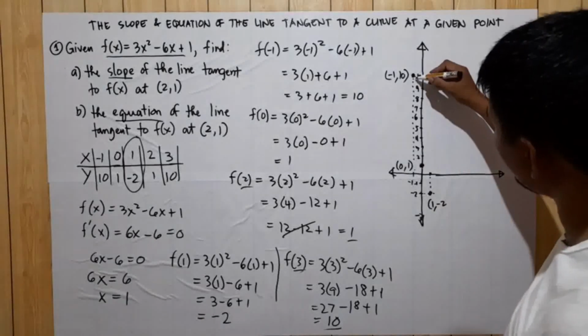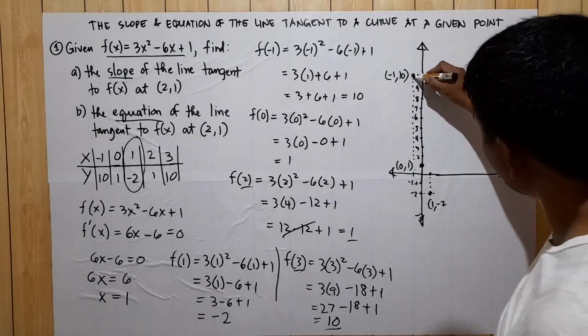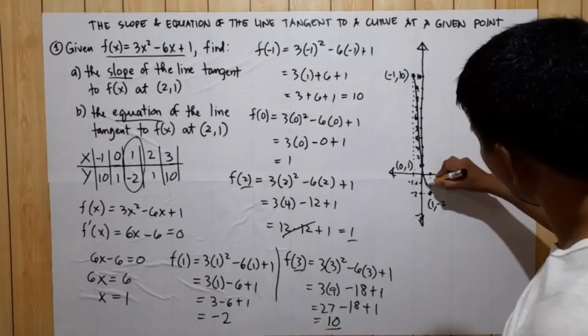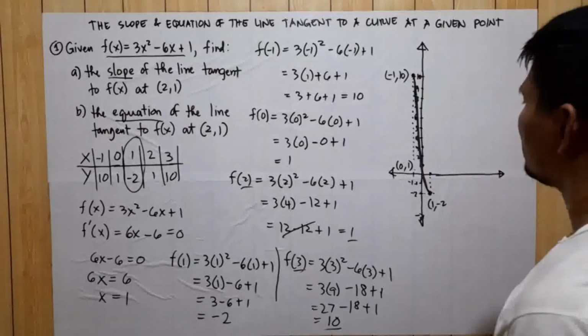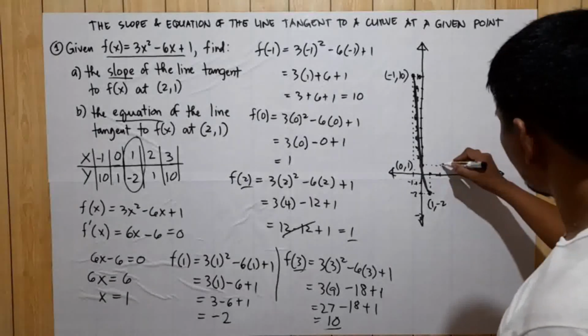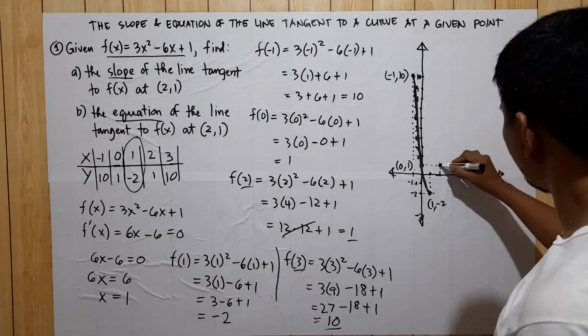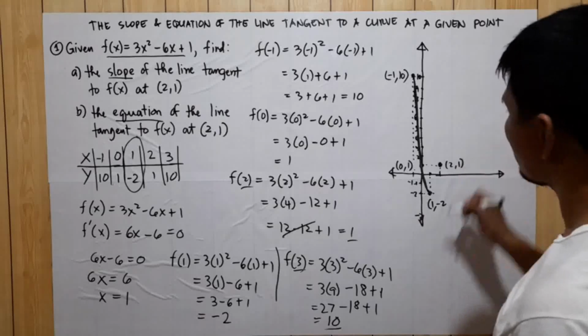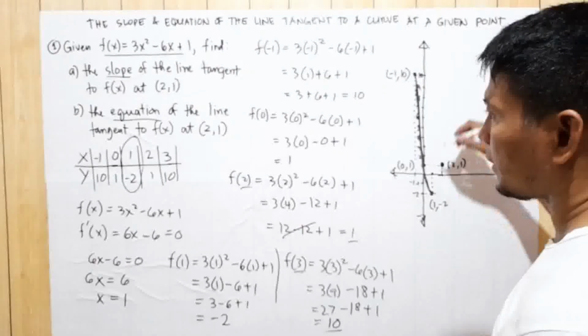So, pag pinunect po natin yan, meron po tayong parang ganyan na curve. Kabila naman po, meron tayong 2, 1 at 3, 10.